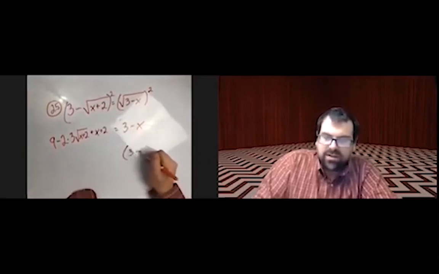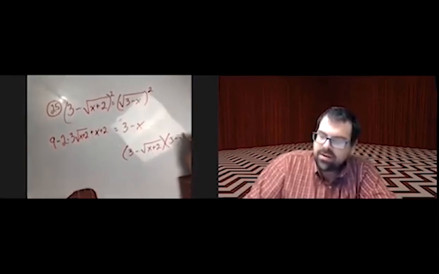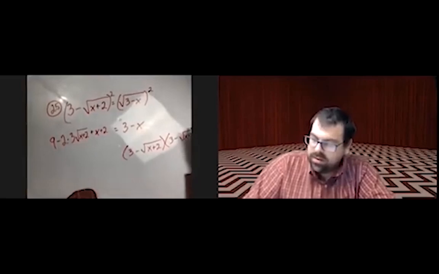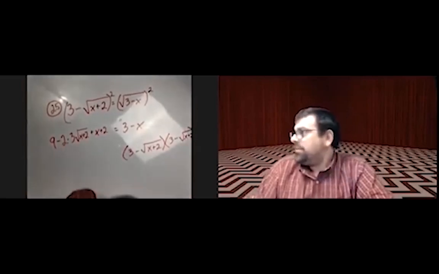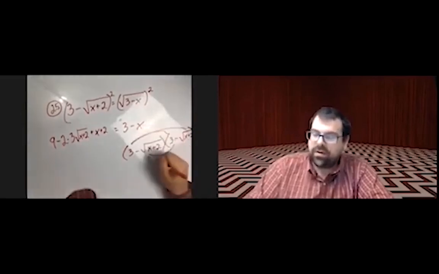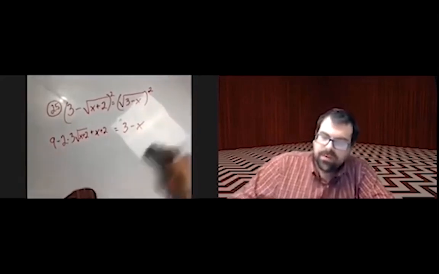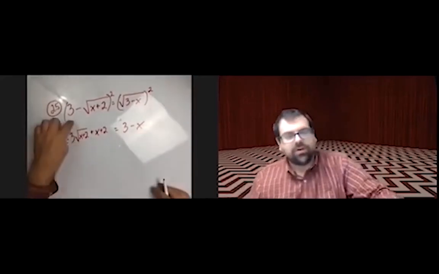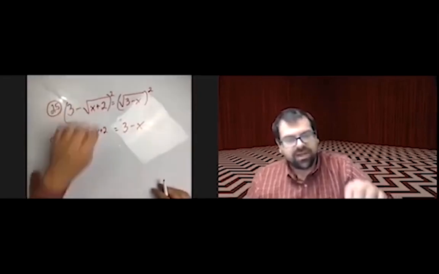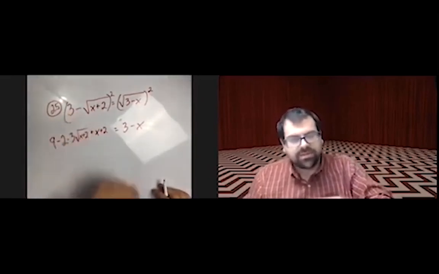So what I just did was take that times itself. First, outer, inner, last. Or use the special formula: square the first, minus 2 times the first times the second, plus square the second.